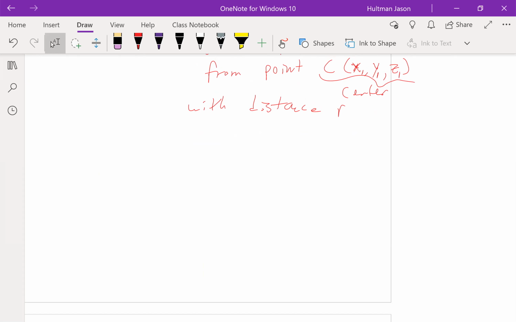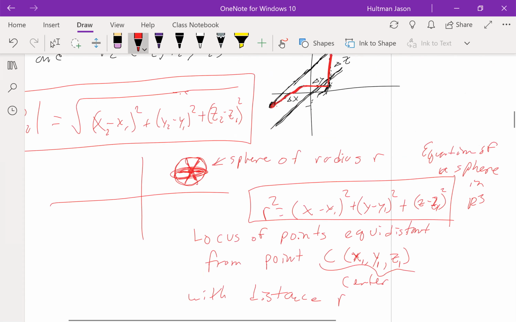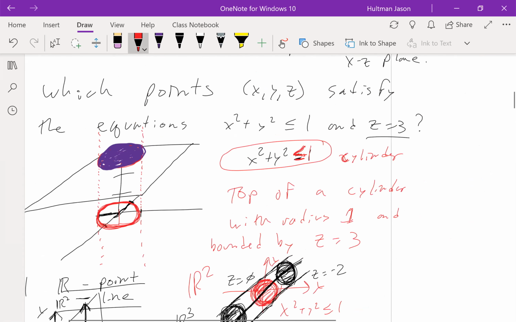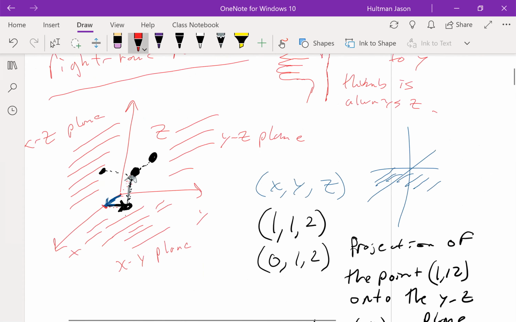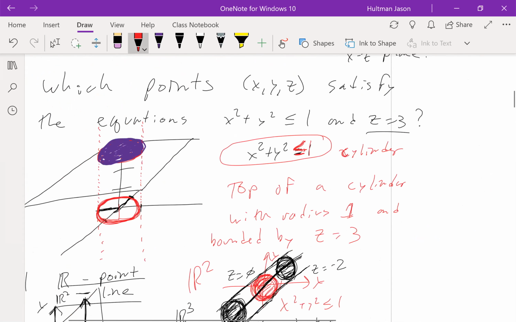Okay. Let's do an example. Did we already do an example? I don't know. I don't think so. Nope. Okay, let's do example 1 here.